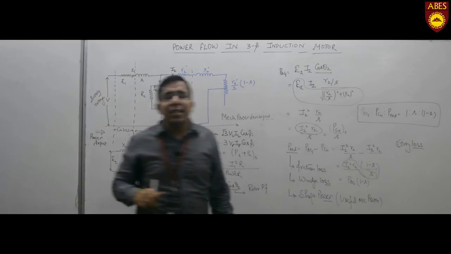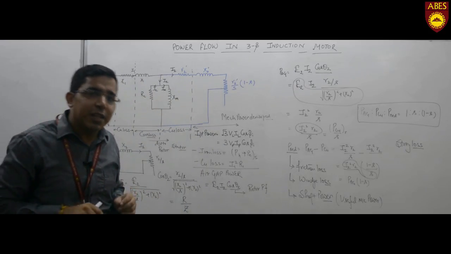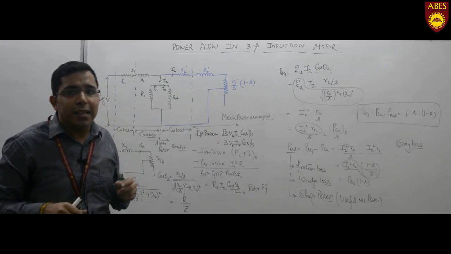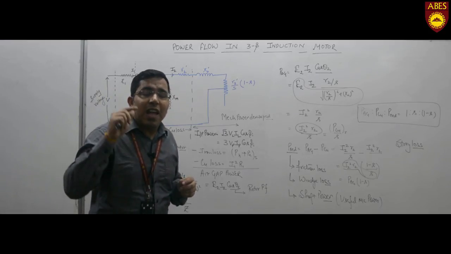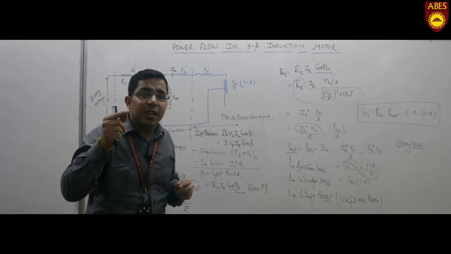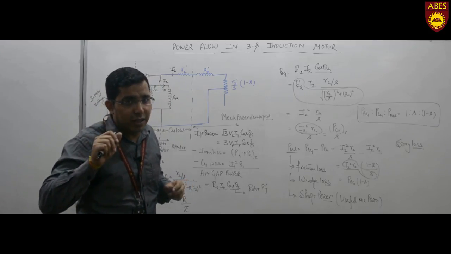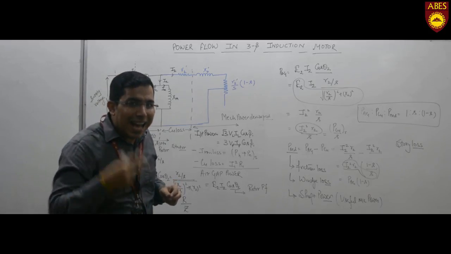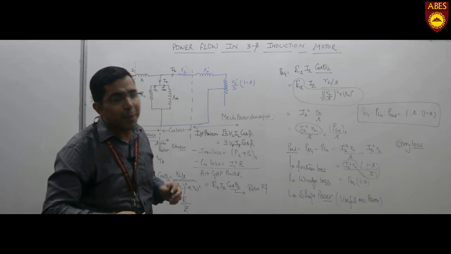The stray losses are basically the losses which occur in each and every conductor of the machine, but cannot be measured very exactly. They account for 0.5% efficiency at the full load condition, and the efficiency degrades as the load is changed because the stray losses are on a pro rata basis.